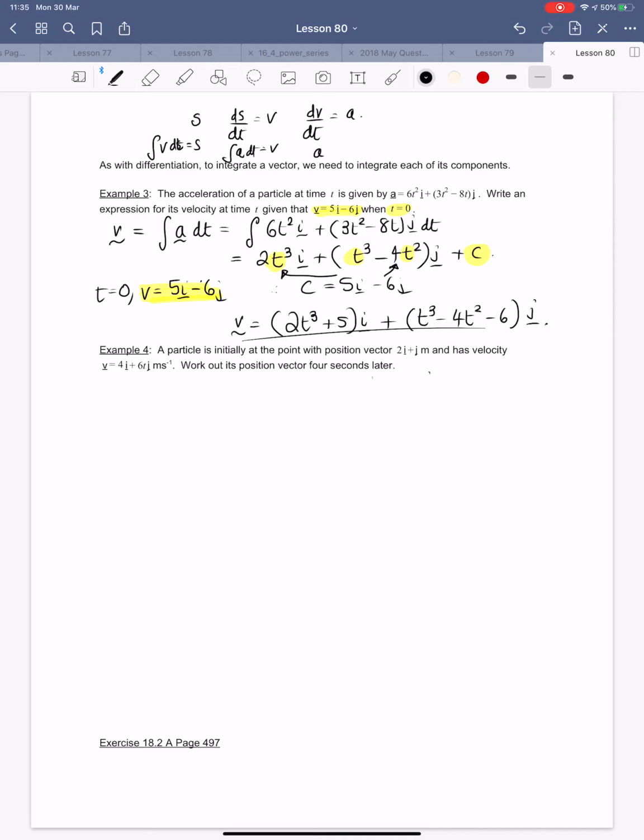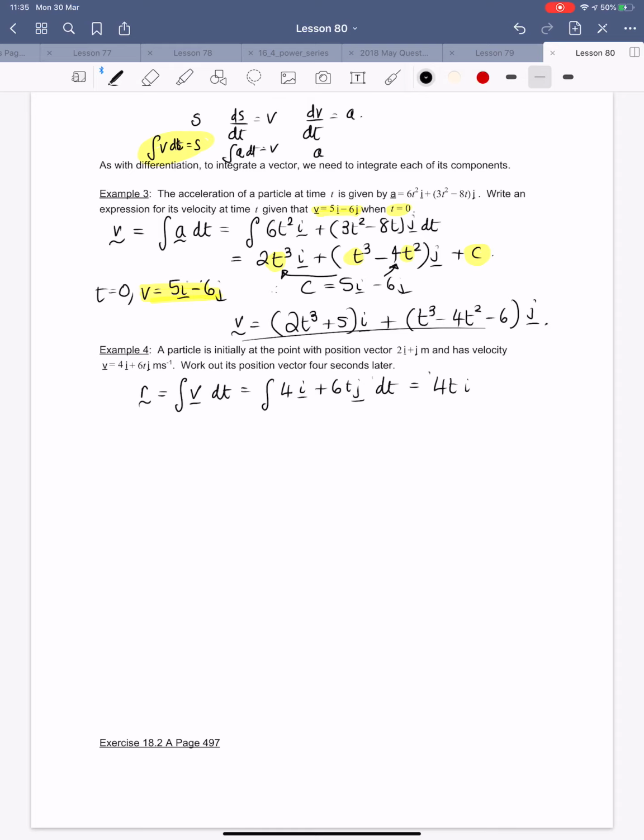Okay, so they've said that r is the integral of v. Because I was doing differentiation, I felt like I was doing the ones from the previous page. So this is what I'm using here. It's the integral of 4i plus 6tj dt.